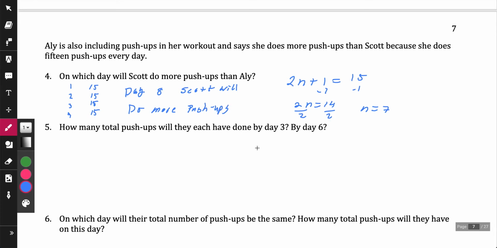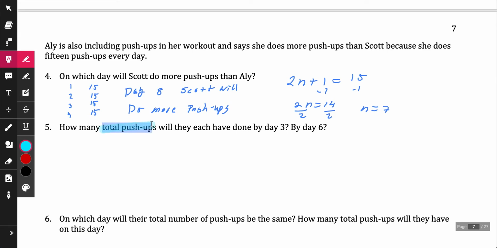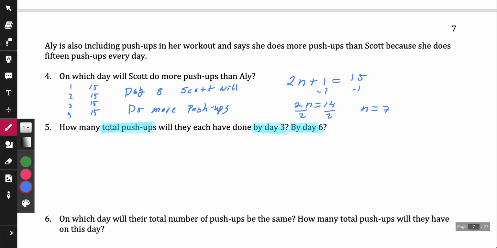Okay, now this is a good part. It says how many total push-ups will they have each done by day 3 and by day 6? Okay, so I'm not looking at an individual day. I'm looking at all their combined push-ups. So let's start here with Scott.